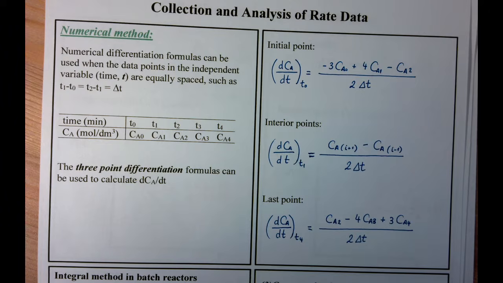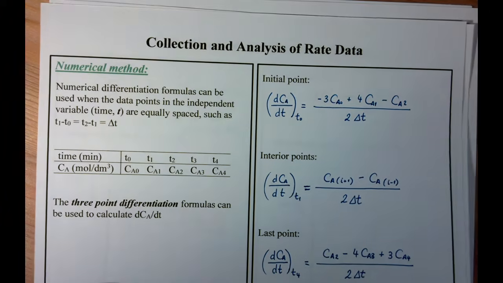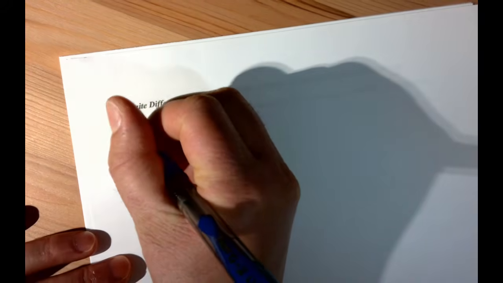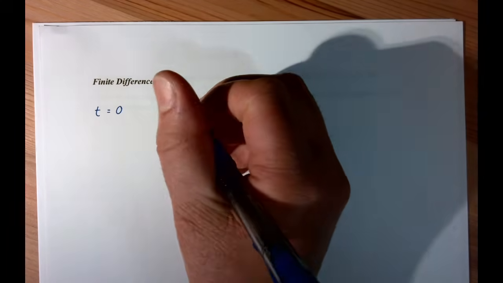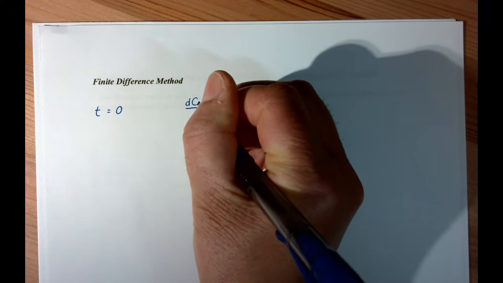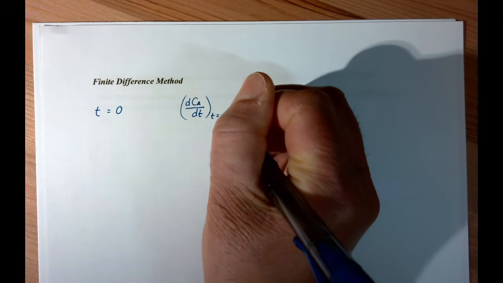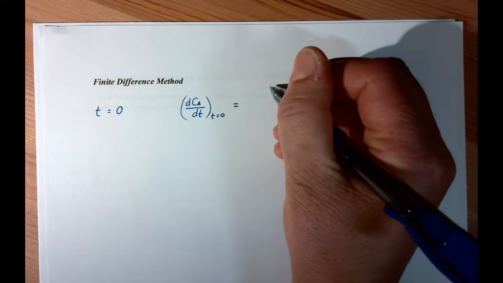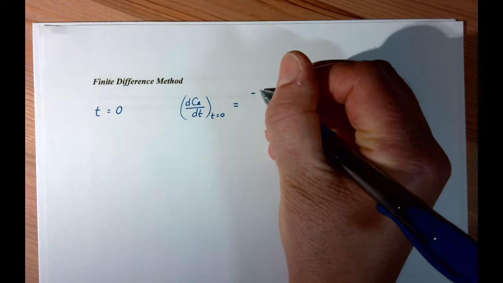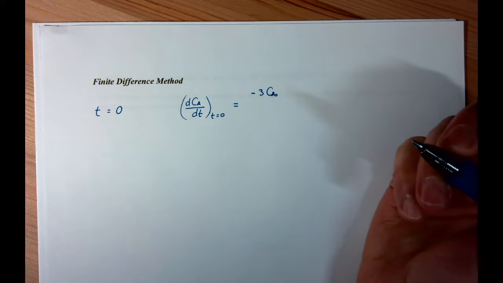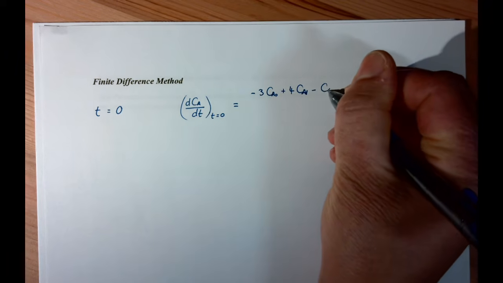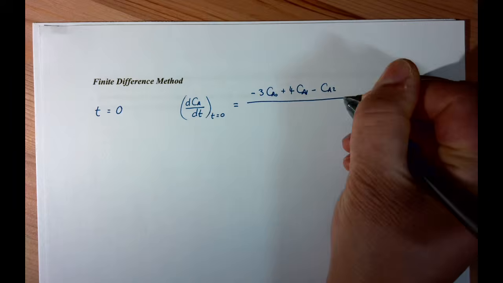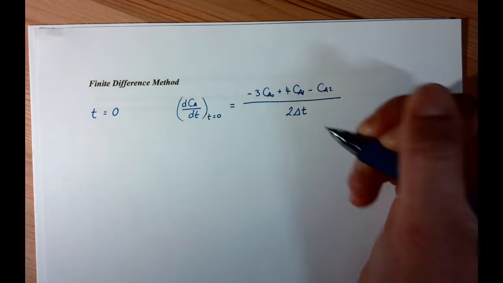So let's start with the first point, for time 0. For t equal to 0, the formula that I'd have to use for dCA/dt is minus 3 times CA0 plus 4 times CA1 minus CA2, divided by 2 times delta t.